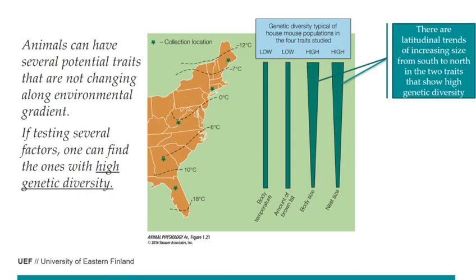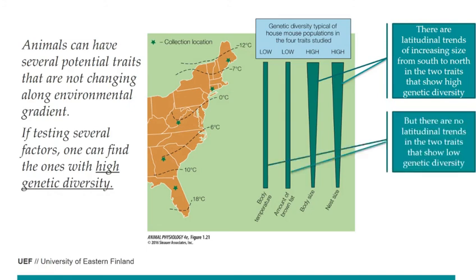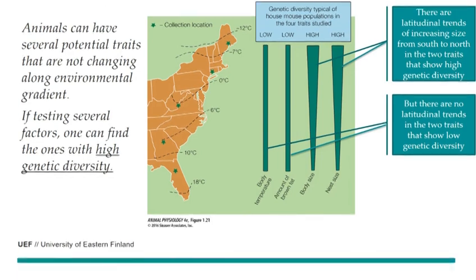And as you can see, there are latitudinal trends of increasing size of body and nest from the south to north in these traits. But on these other ones, although it makes common sense that the brown fat is helping you in cold climate, it's not changing. So it has low genetic diversity. Thank you.